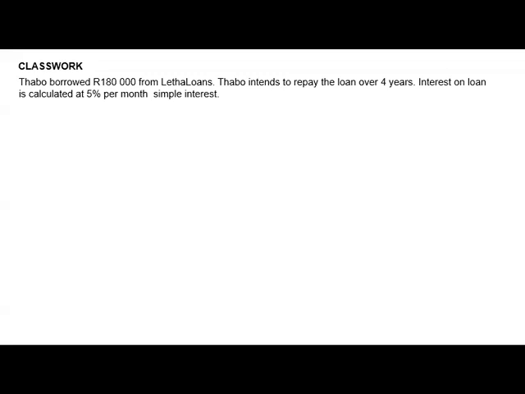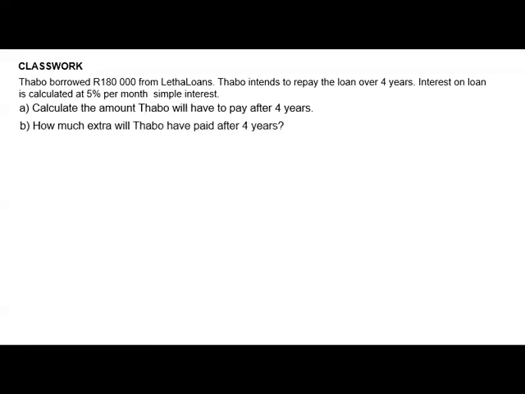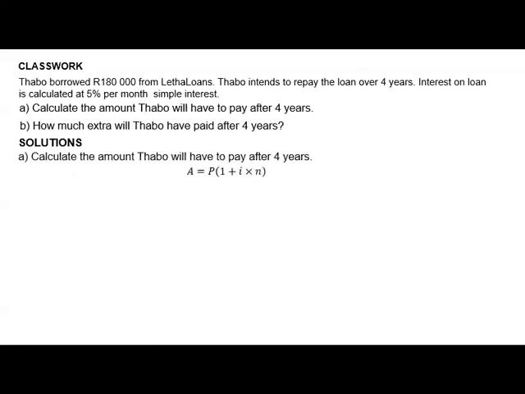Try this one, give yourself 5 minutes and do it. Now, to find solutions here, this is what you will do. Note that here interest was given to you as a percentage per month.